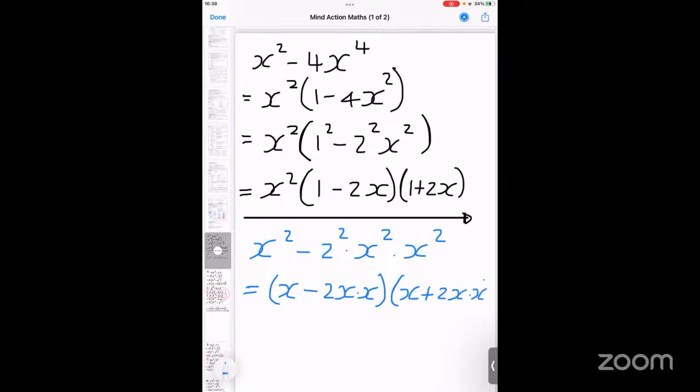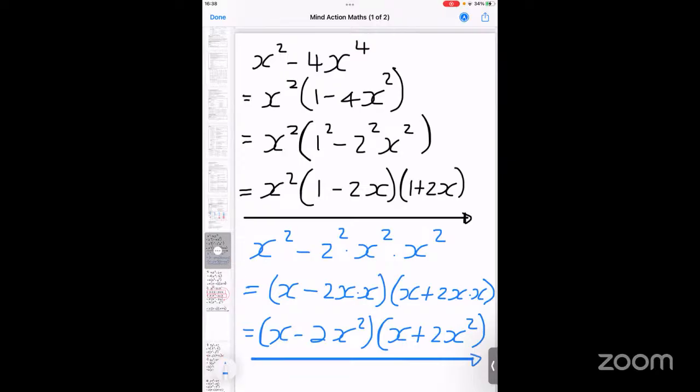Can you see that? Yes, I can see. Otherwise, I can still further work it out to say this is the same as 2x squared, and again, x plus 2x squared. And then this should be the end of it. I'm not sure if you would agree with me on that one, Langelihle. I agree. Okay, then it's fine.